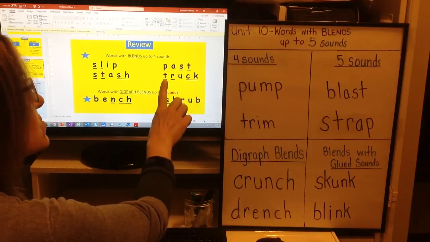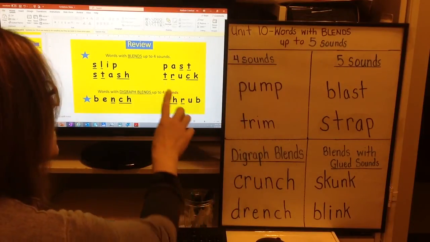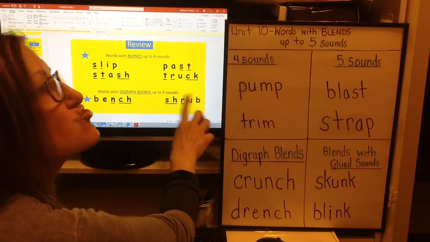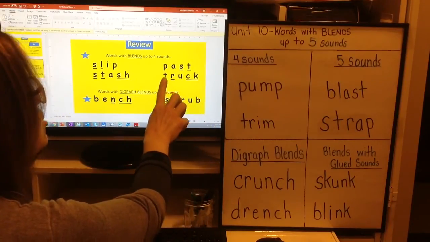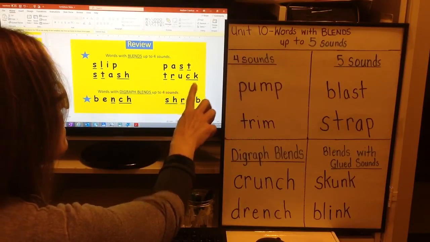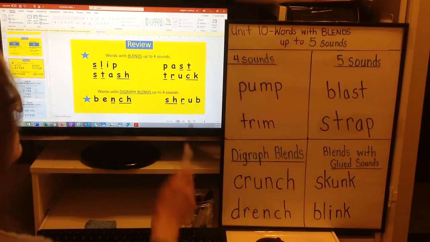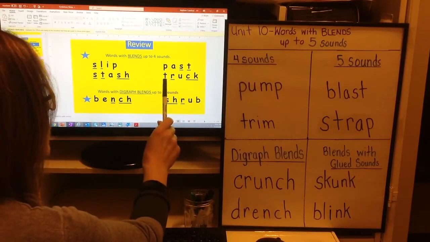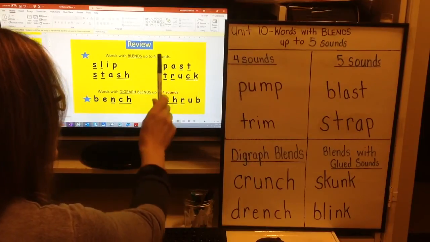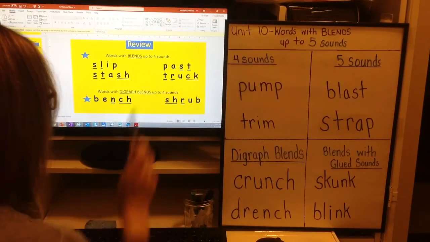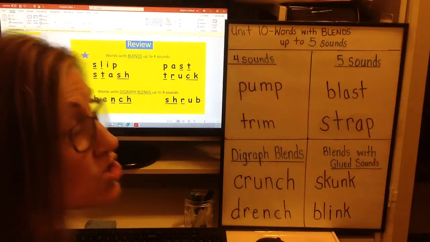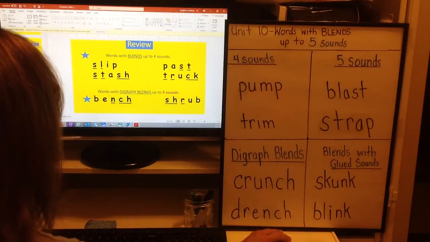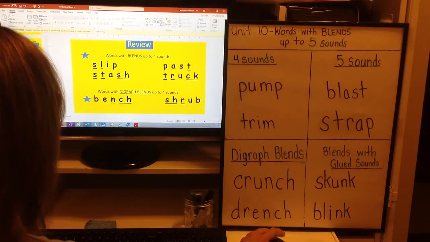So just practice that a few times. Tr. Tr. K. Truck. So again, it's a word with 5 letters, but it has 4 sounds, 1, 2, 3, 4, and it has a blend, TR. Boys and girls, you're doing so great with this review with blends.